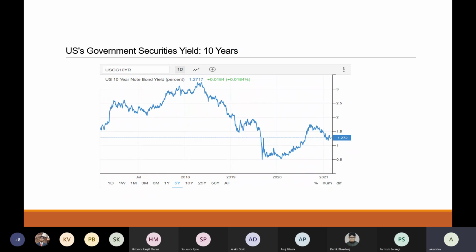And this is U.S. government security, 10-year bond. So again, if we compare with Indian scenario, more or less you will find similar trend. Here you will find difference.